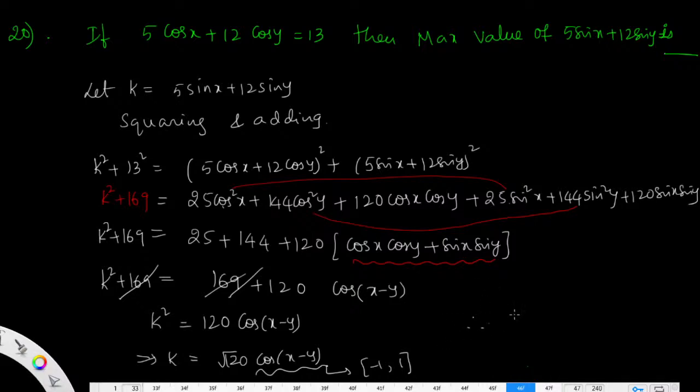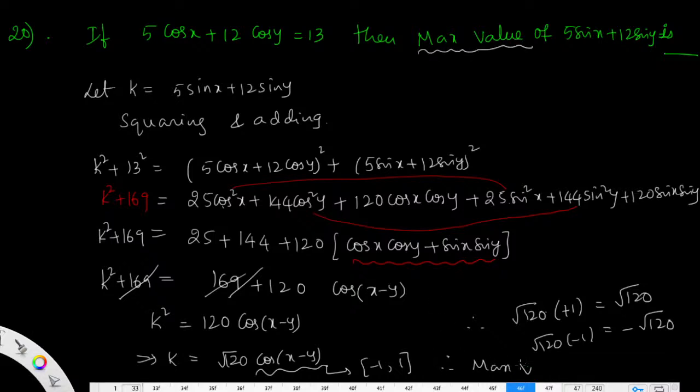Therefore the values are root 120 into plus 1 and root 120 into minus 1, that is plus root 120 and minus root 120. But the question asks only for the maximum value, so the maximum value is positive root 120. Okay, are you following, Nana?